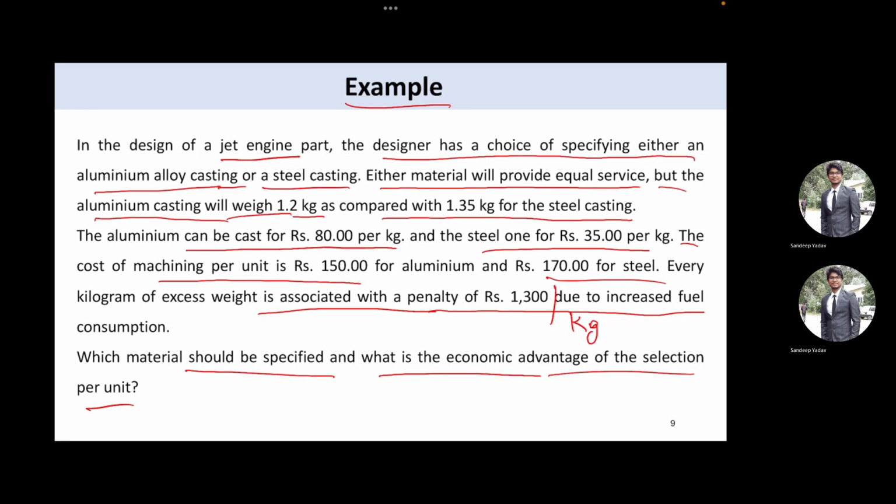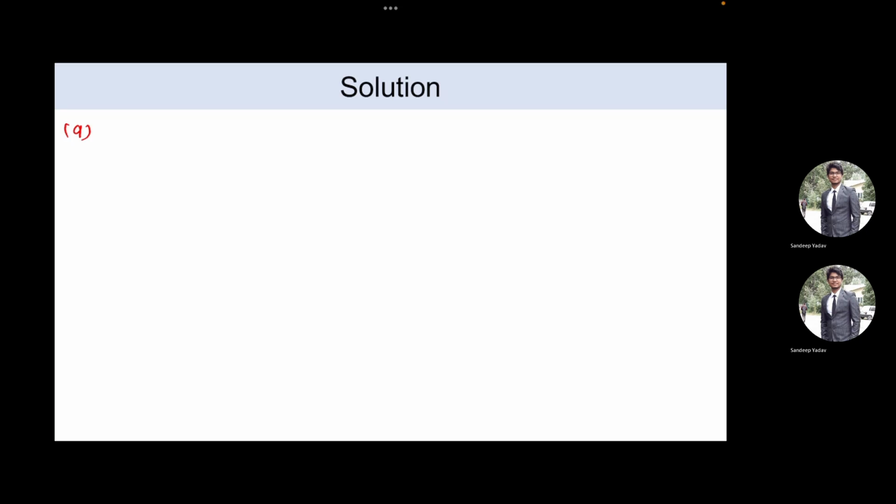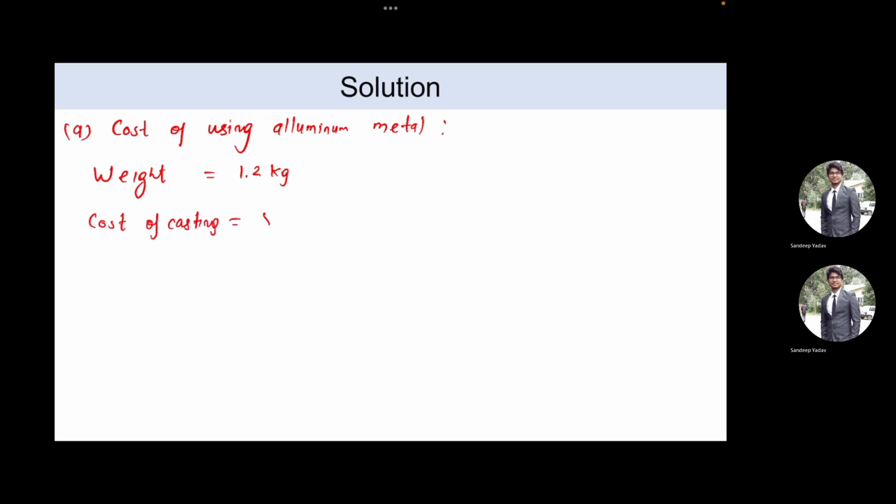First, we will calculate the cost of using aluminum metal. Here the weight will be 1.2 kg. Cost of casting is 80 rupees per kg.